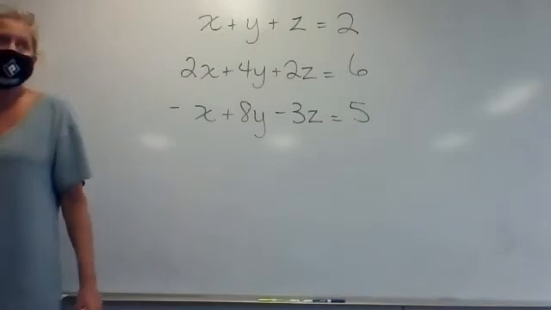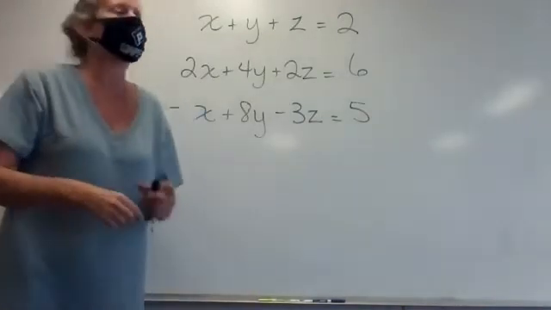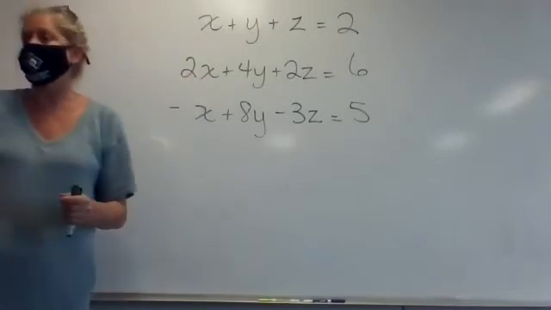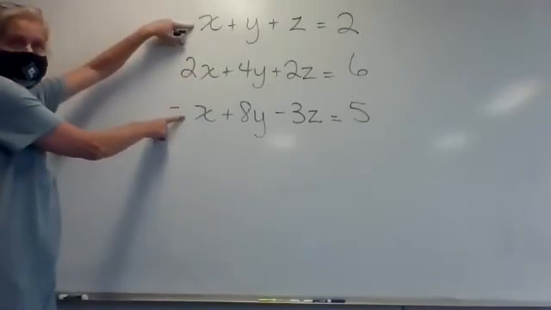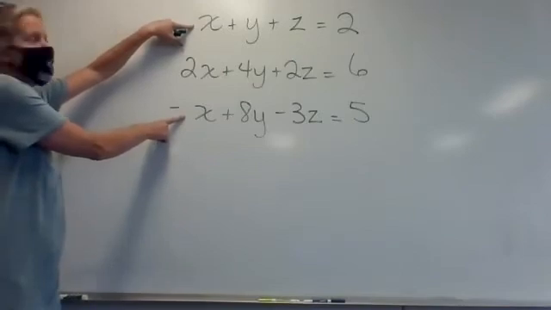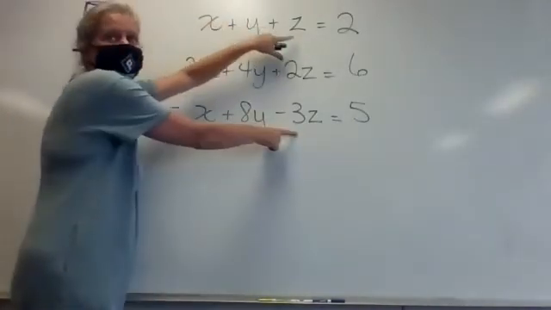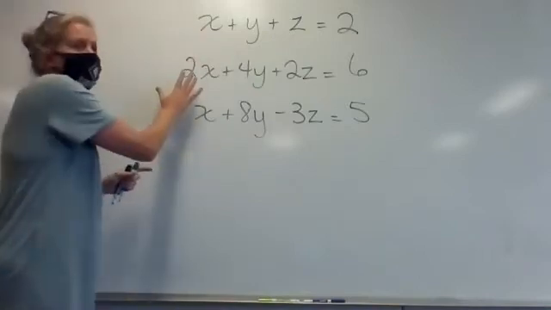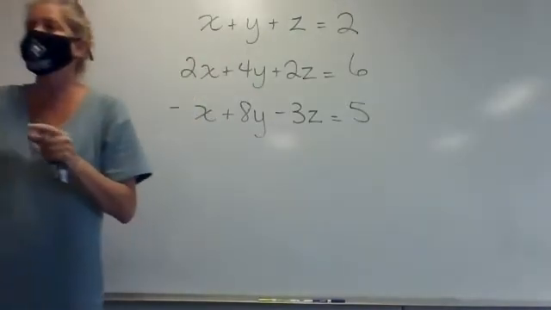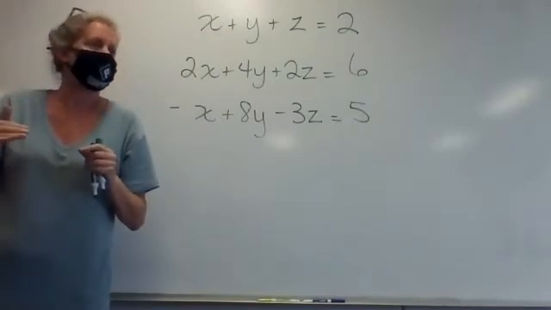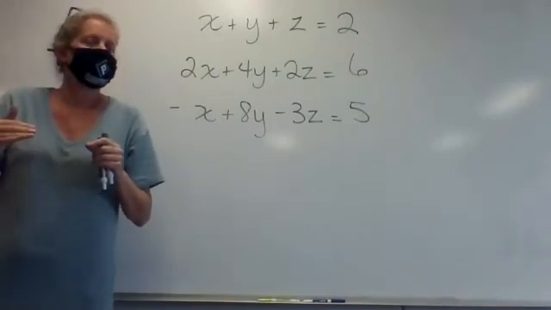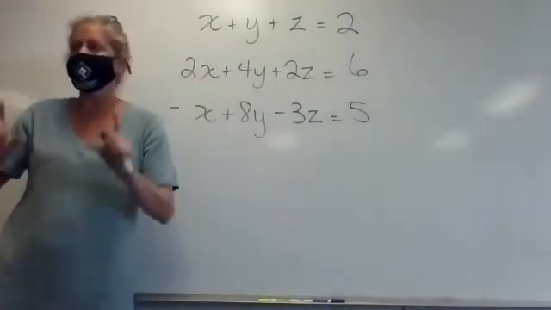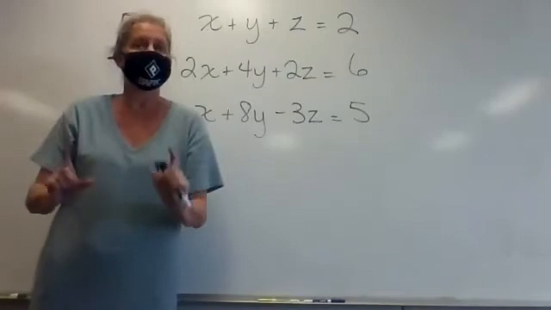Not using the matrix function in your calculator, you would have to add 2 equations together. I'd probably choose these 2 because my x would eliminate, but I'd still have y's and z's. So then you have to find another combination of equations and eliminate your x's again, which means you would be left with 2 equations that have y's and z's.